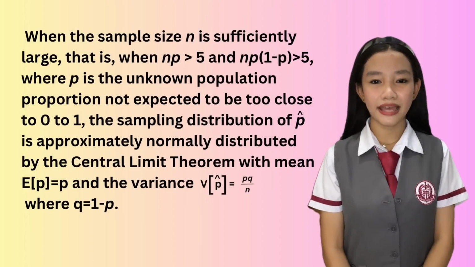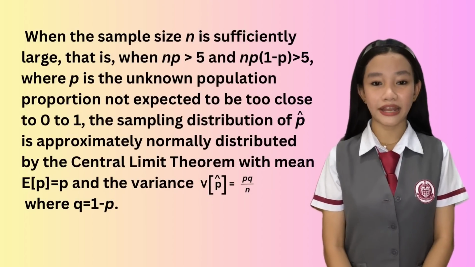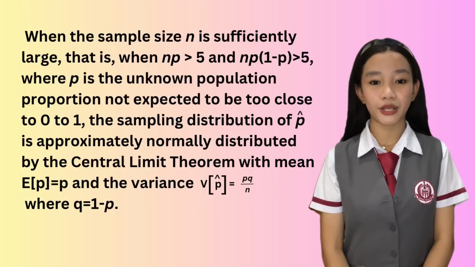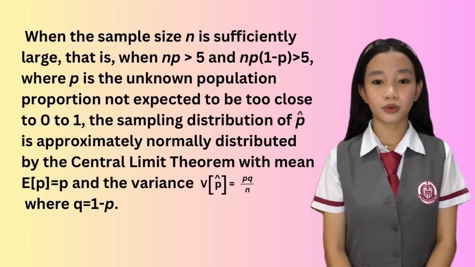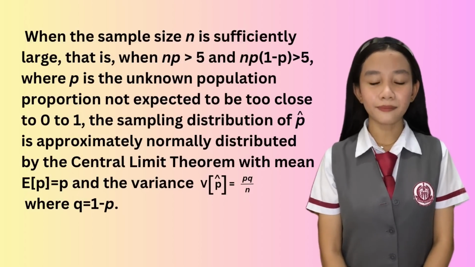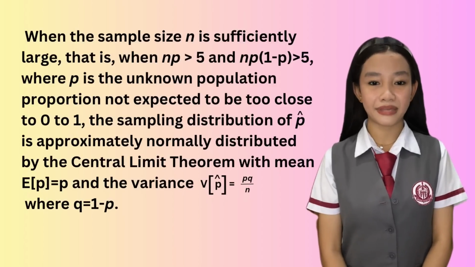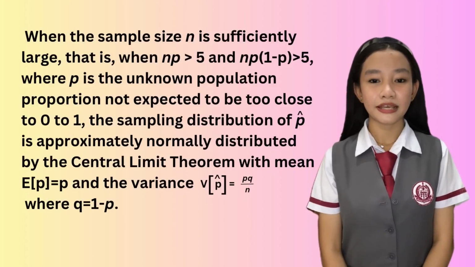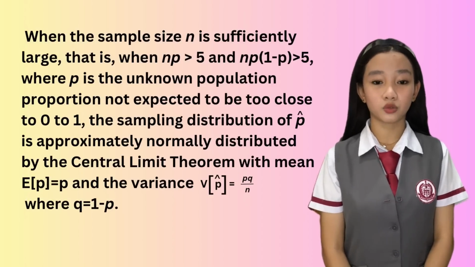When the sample size n is sufficiently large, that is when np is greater than 5 and n multiplied by 1 minus p is greater than 5, where p is the unknown population proportion not expected to be too close to 0 or 1, the sampling distribution of p̂ is approximately normally distributed by the central limit theorem with mean p and variance equal to pq over n, where q is equal to 1 minus p.